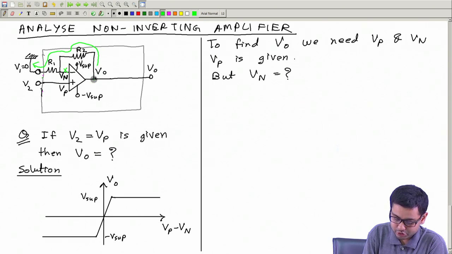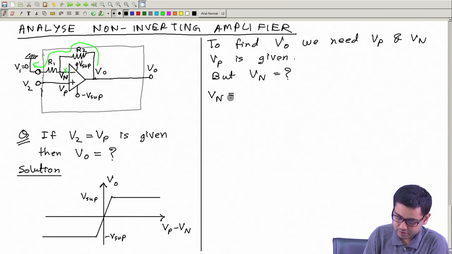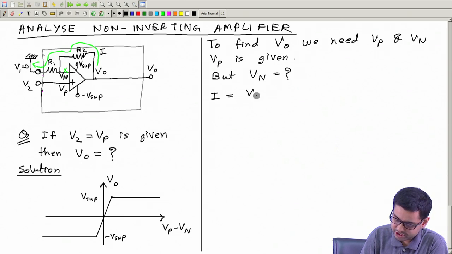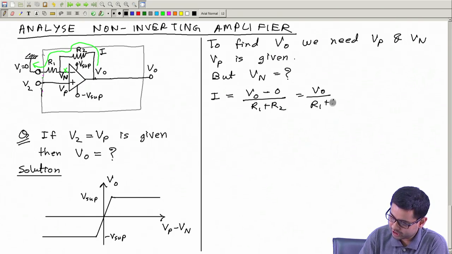Again, this is Vo, this is 0, so Vn is somewhere in between. So I can write, before that let me also write I, maybe that will be easy. So this current I is equal to Vo minus 0 divided by R1 plus R2, which is Vo by R1 plus R2.